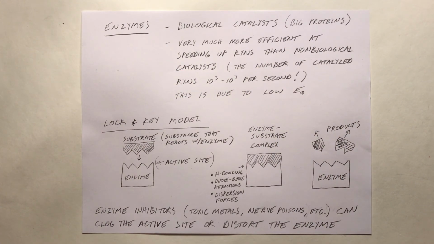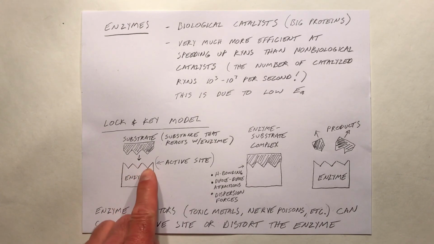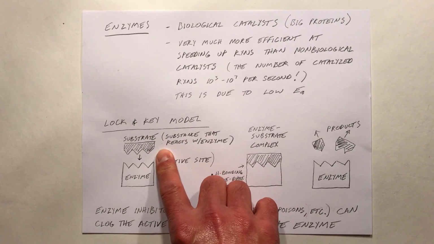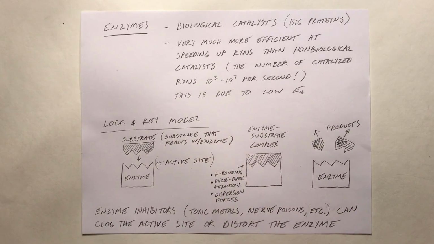To understand the very basics of how enzymes work, let's consider what's called the lock and key model. So we have an enzyme here, an enzyme molecule, and there will be a certain part of that molecule that will act as what's called an active site. A substrate is any substance that reacts with an enzyme.